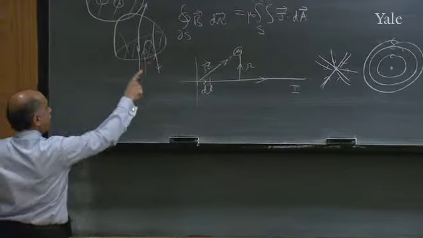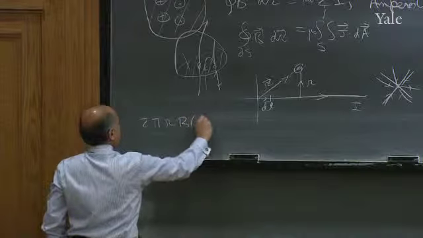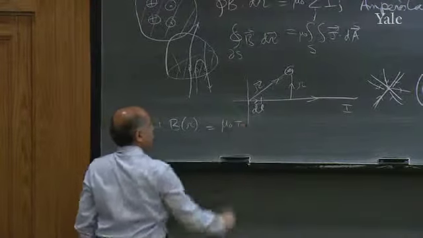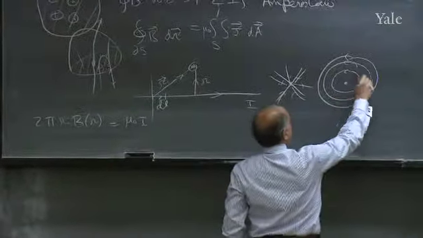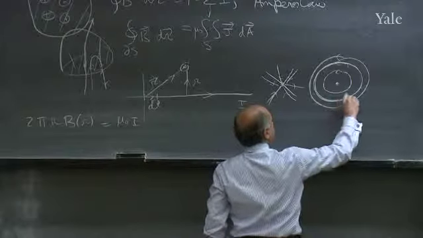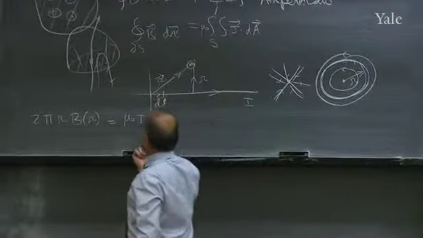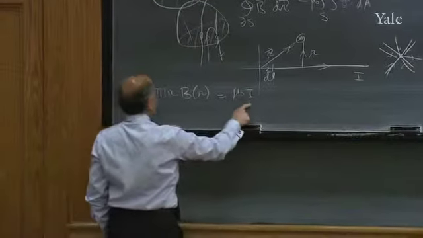Then I write Ampere's law as 2 pi r times B at the radius r is equal to just mu 0 times the current. In other words, I look at the wire from the end, and I take any contour I like of radius r. Since B is tangential to the circle, the line integral is simply 2 pi r times B, and that's the current enclosed.